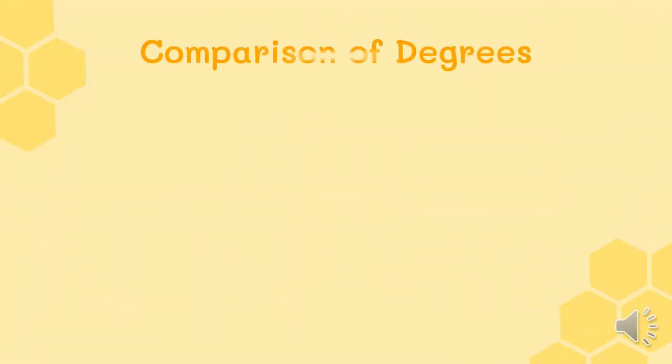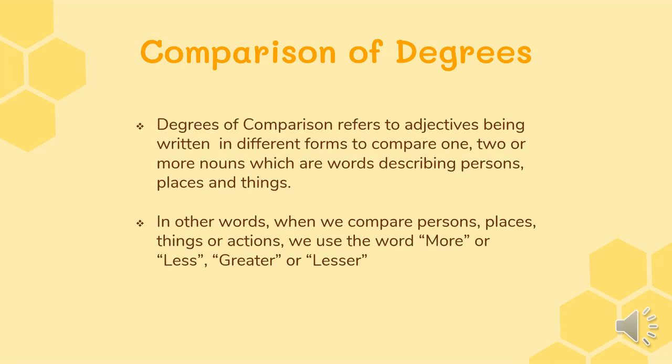So, what is comparison of degrees or degrees of comparison? Degrees of comparison refers to adjectives being written in different forms to compare one, two, or more nouns, which are words describing persons, places, and things.